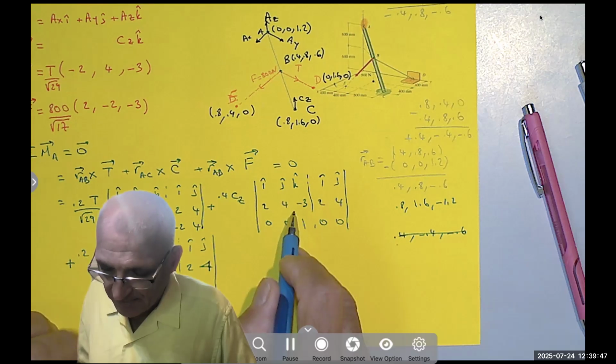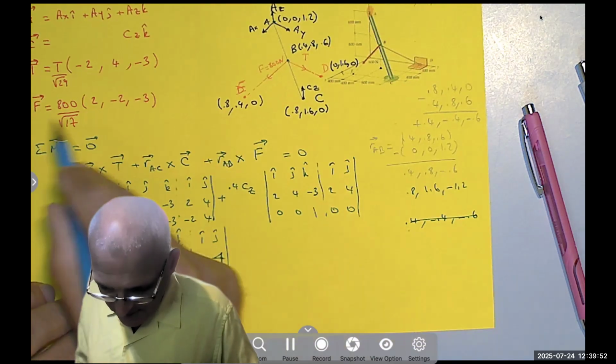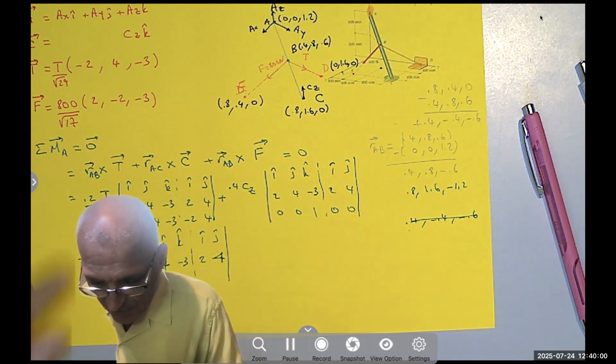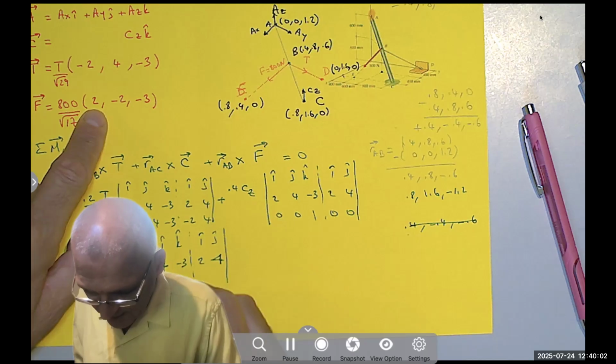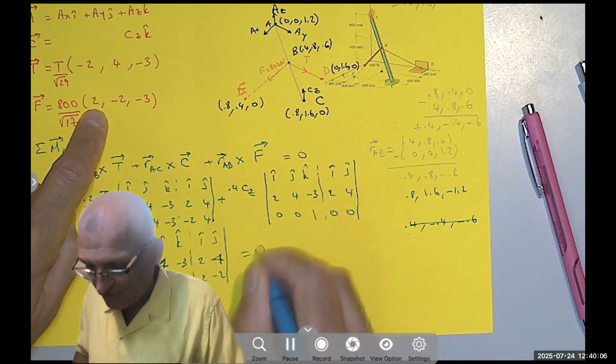But this one was doubled, so we pick 0.4 out. I can keep the 800 out and the root 17 out also, and only enter 2, -2, -3, 2, -2 equals 0.